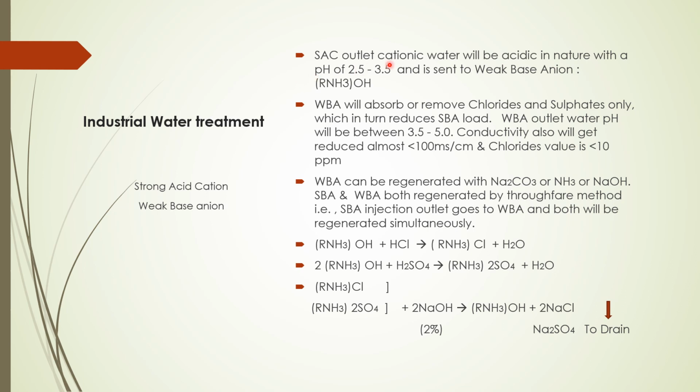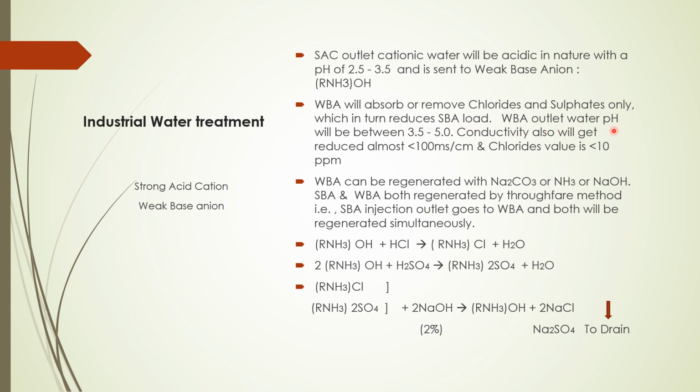The SAC outlet cationic water, which is acidic in nature with a pH of 2.5 to 3.5, is sent to the weak base anion unit. The resin form is RNH3OH. The WBA will absorb or remove chlorides and sulfates only. It will not remove carbonates and silicates, which in turn reduces the SBA load.